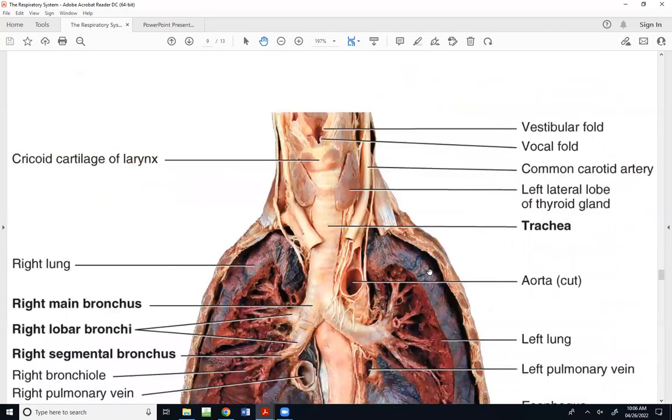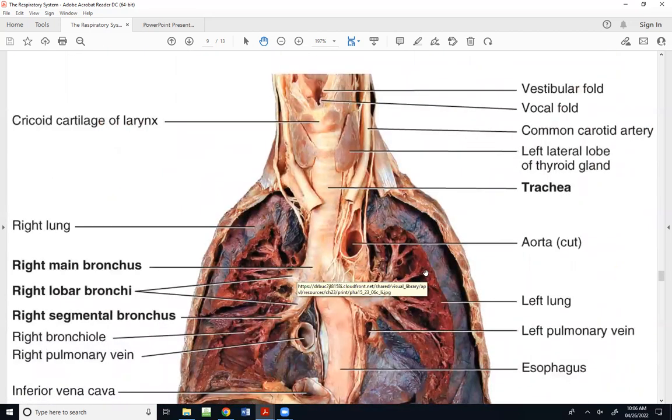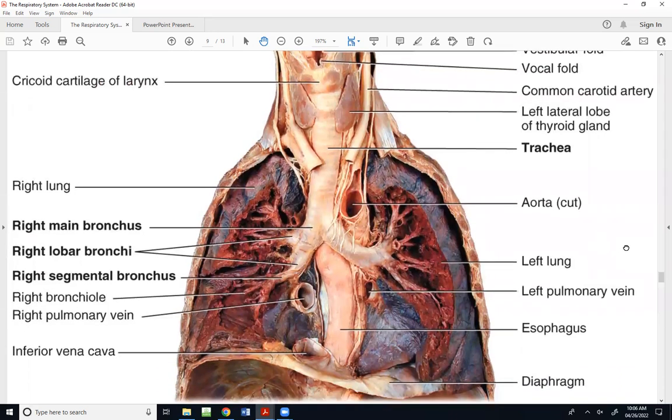Now, looking at this picture here on the next page, which you guys don't have, we can see a nice anterior view showing you up into the neck where we got the cricoid cartilage labeled. We can see the very visible trachea. We can see where it divides. We can start to actually see some of those different branches of the bronchial tree.